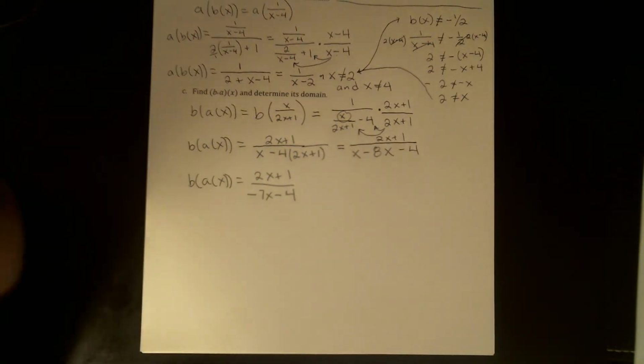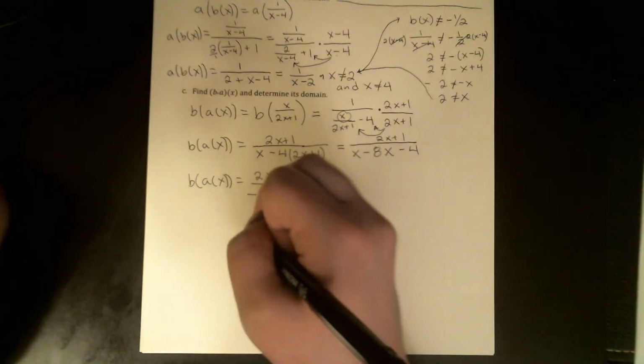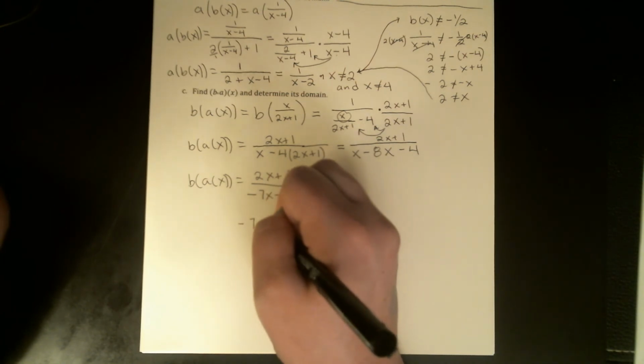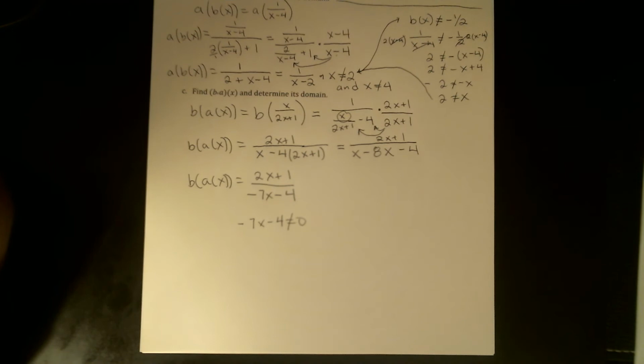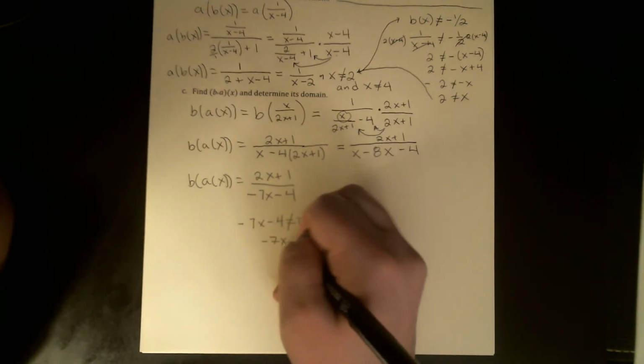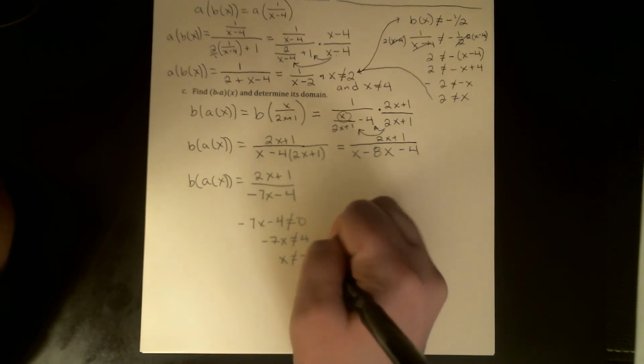Okay, once again, we want to be able to state the domain restrictions. So looking at this function, I can see that -7x minus 4 does not get to equal 0, or we'll have a domain problem, which means -7x can't equal 4, and x can't equal -4/7.